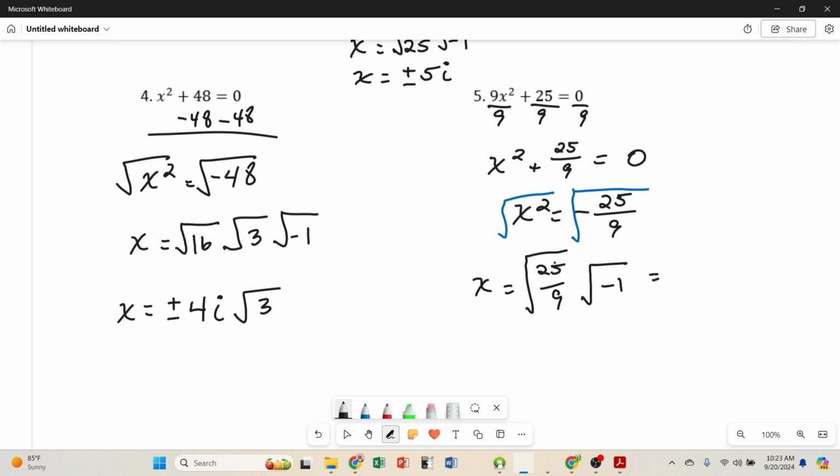Now, one of the things I can do with this is split it up: the square root of 25 over the square root of 9 times the square root of negative 1. So now when I simplify this, this is all going to be positive and negative. The square root of 25 is 5, the square root of 9 is 3, and the square root of negative 1 is i. I do it in each piece.